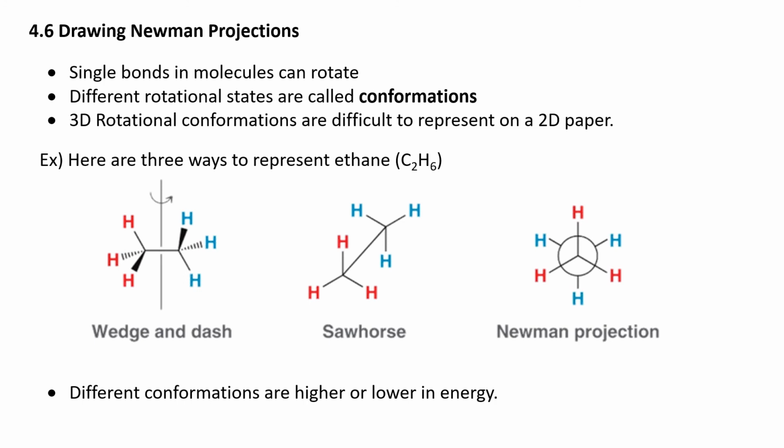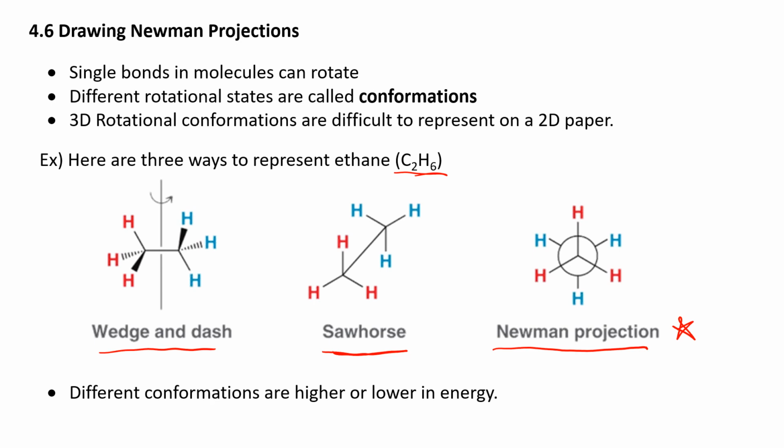So the ways to represent a molecule in 3D are using wedges and dashes, which we've seen before, this is all for ethane now, the sawhorse, and the Newman projection, which will be the focus of our discussion in the next few slides.